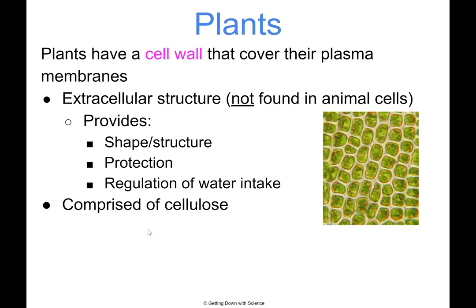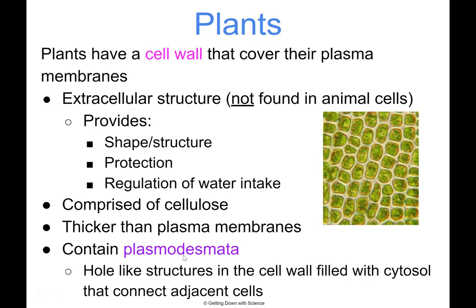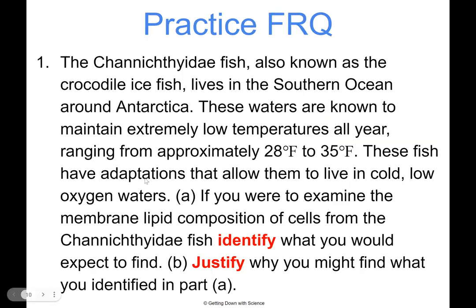It's made up mostly of cellulose, which of course we can't digest. This makes it a lot thicker than the plasma membrane, and it also contains something called plasmodesmata. And the plasmodesmata are almost like little holes, so they can connect cell to cell. So the cells can actually communicate with each other somewhat through the plasmodesmata.